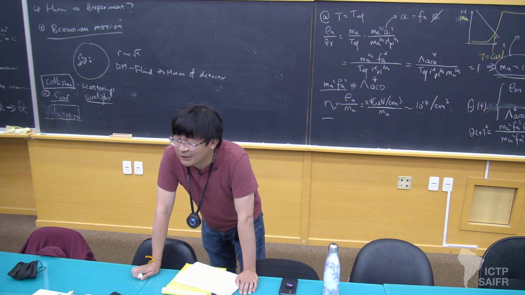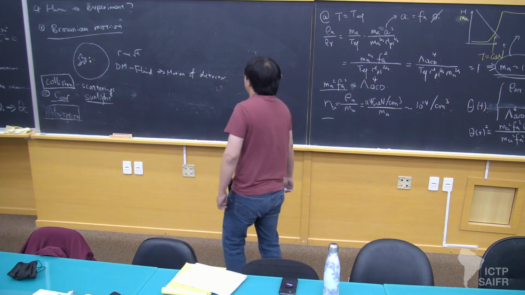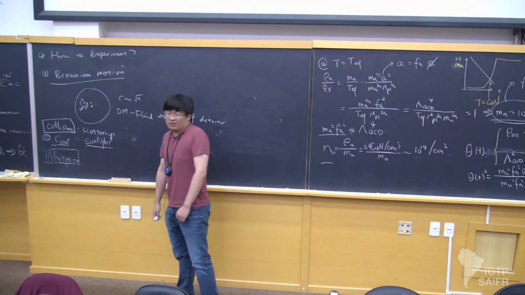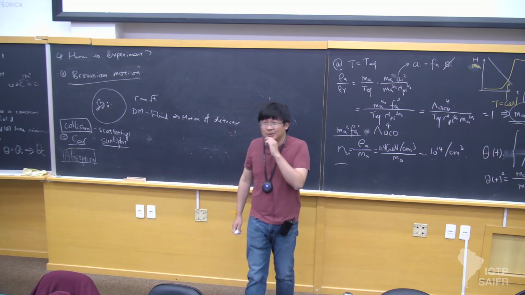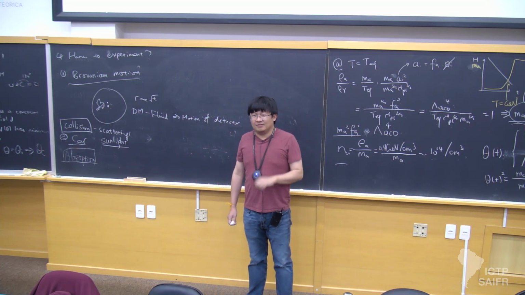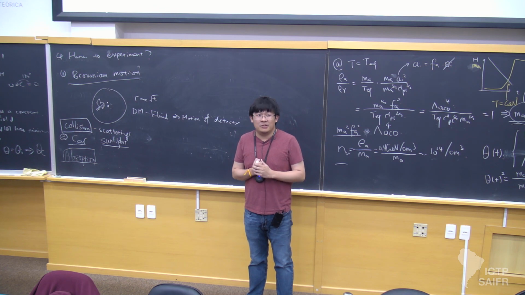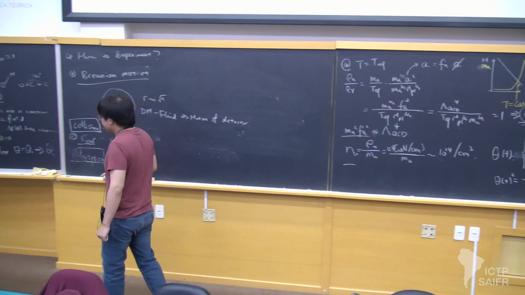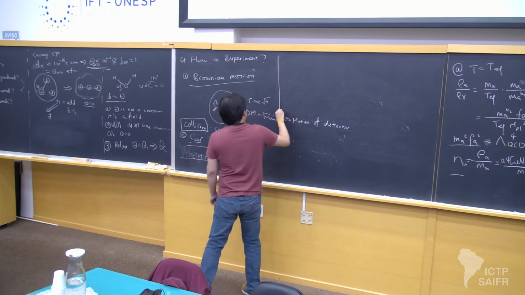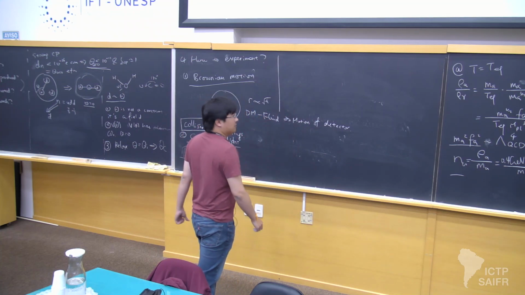Good, you are already touching on the next concept I will be telling you. The question is, how can I tell if some signal is caused by dark matter? Well, the way you do it is you make sure that there's no background. And that is pretty much the hardest part about building an experiment. All right, so absorption.